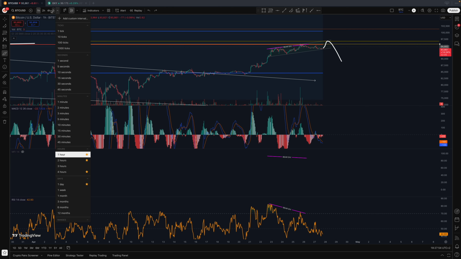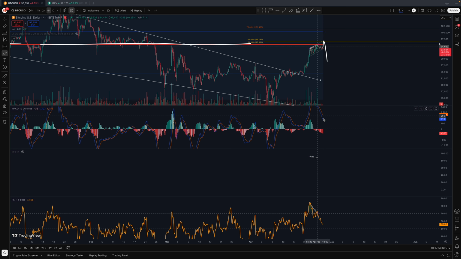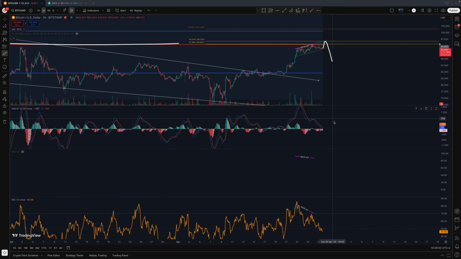Let's check on the 4 hour time frame. As you can see here, on the 4 hour time frame we are kind of bearish, and on the 2 hour time frame we're kind of neutral, almost at the zero line, which indicates that we're quite neutral on the MACD.